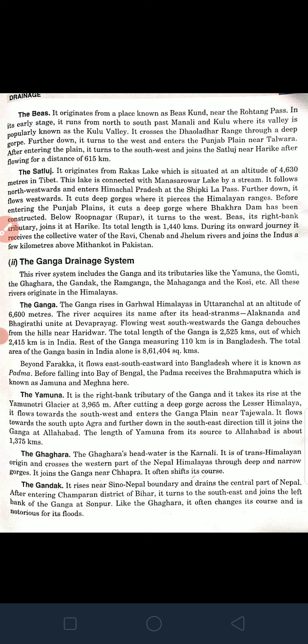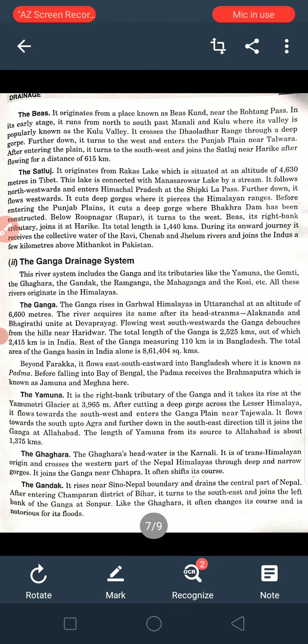One of its streams, the Bhagirathi, the main stream, flows towards Bengal or Bangladesh, and another, the main river, flows towards central India from Haridwar. The total length of Ganga is 2,525 kilometers, out of which 2,415 kilometers are in India and the rest, measuring 110 kilometers, is in Bangladesh.